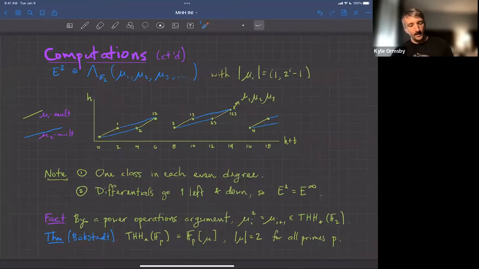And that then tells us that the THH of FP, the same story works out with different gradings for P not 2, we end up with FP adjoin mu, where mu is a generator in degree 2. So keep this in mind. When I get to the Motivic variant, which is coming soon, you will see similar patterns and similar, but far more elaborate computations come into play.